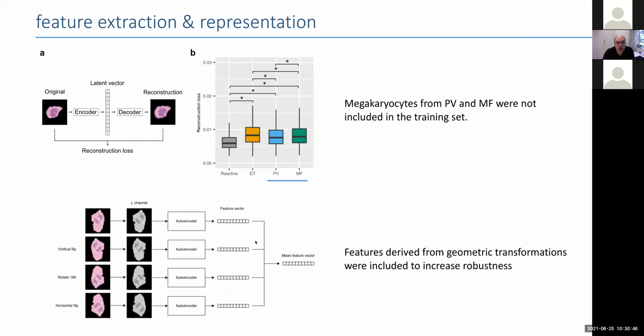But what you see here, although we train on reactive and a case called ET, the reconstruction error for the other two disease subtypes, PV and MF, is actually within good expectations, so we can use that representation.